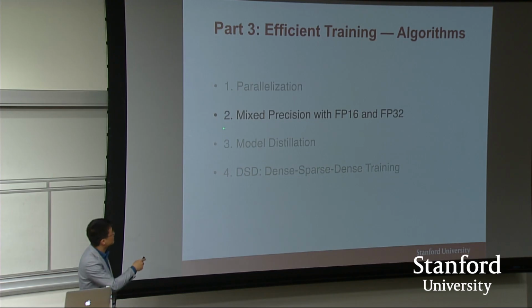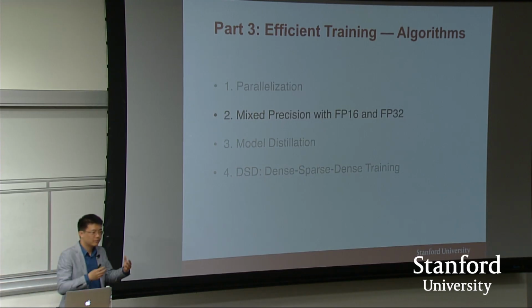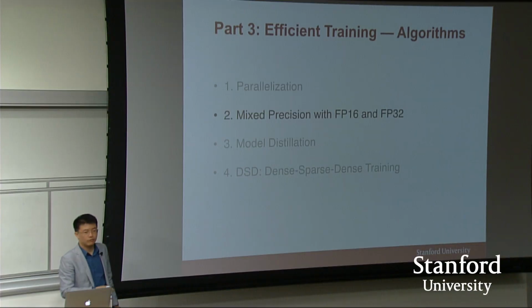Okay, next interesting thing, mixed precision with FP16 or FP32. Remember in the beginning of this lecture, I had a chart showing the energy and area overhead for FP 16-bit versus 32-bit. Going from 32-bit to 16-bit, you save about 4x the energy and 4x the area, right? So can we train a deep neural network with such low precision, with floating point 16-bit rather than 32-bit?